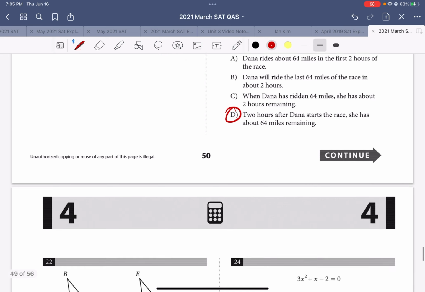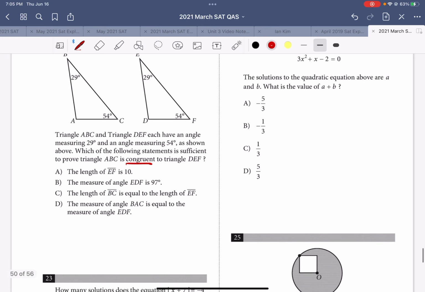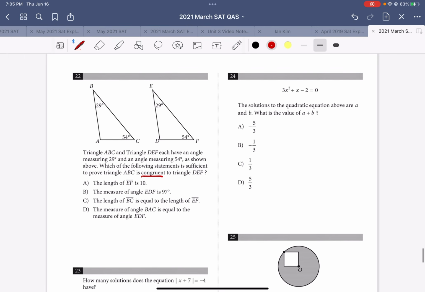Now let's move on. Number 22. Triangle ABC and triangle DEF have angles measuring 29 and 54. That means they are similar, but we don't know they are congruent. So which of the following is sufficient to prove the two triangles are congruent? We have many ways you can prove it.